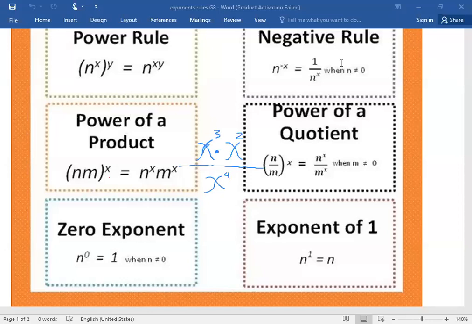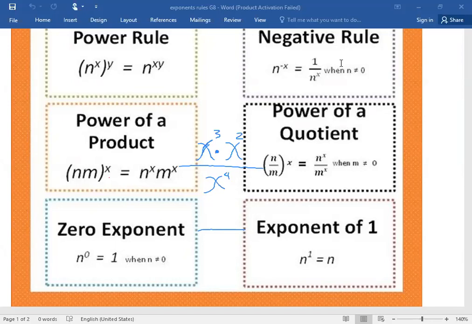Yes, it's a division, but in the numerator we have multiplication. So we have to simplify the numerator first. I have the same base and a multiplication operation, so it will be x to the power of 6.